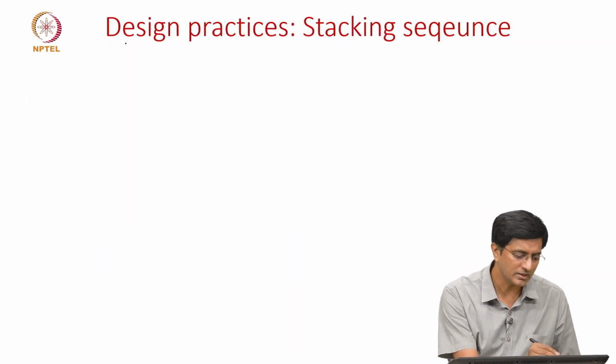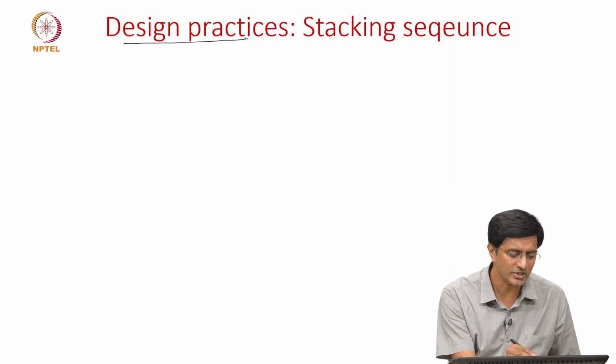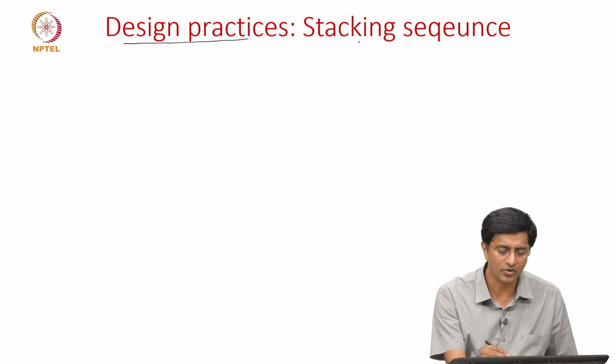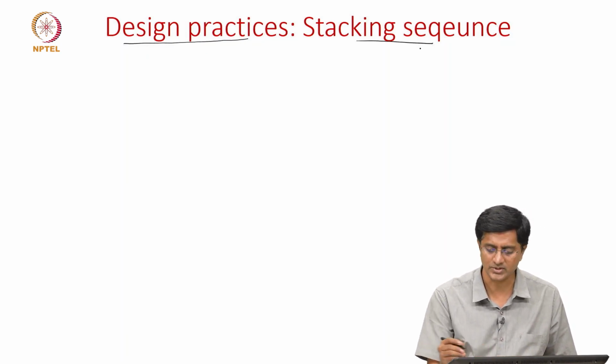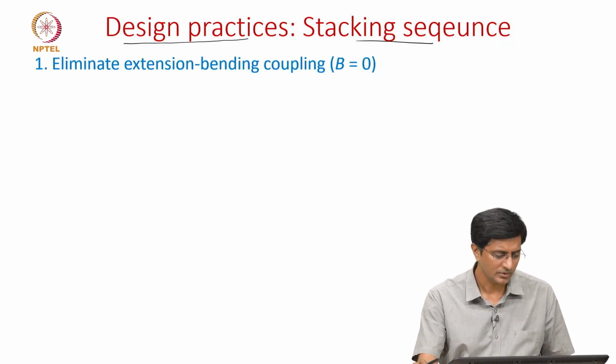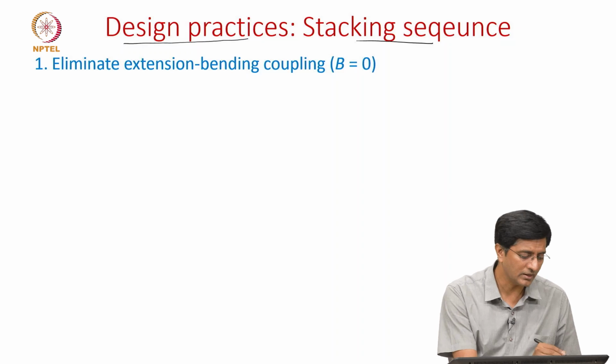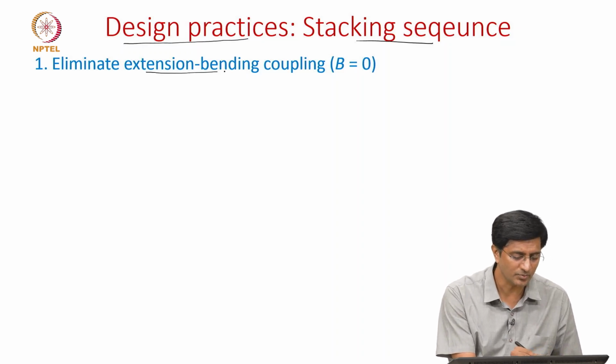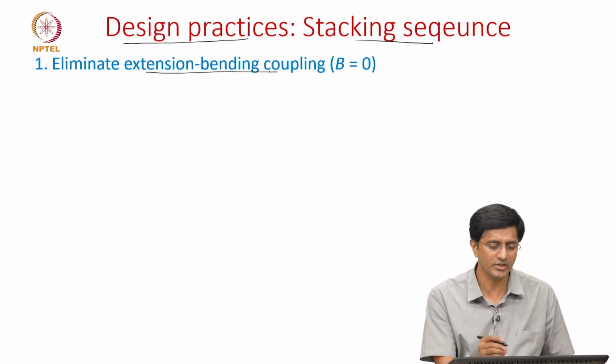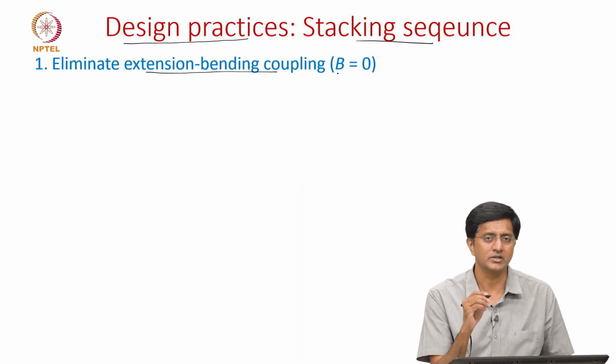So we'll start discussing a few design practices, and here we are focusing on the stacking sequences. First, it's always preferred if we can eliminate the extension-bending coupling. What is this extension-bending coupling? In other words, we are talking about the B matrix in classical laminate theory, the ABD matrices.